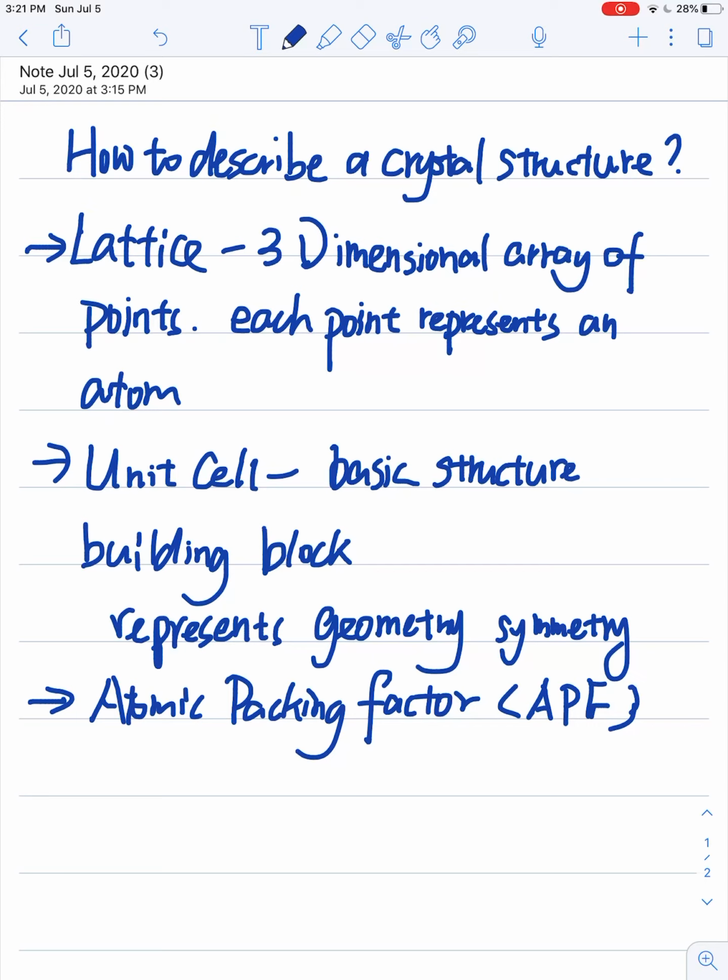The calculation of APF goes: APF equals the total volume of atoms inside a unit cell versus the volume of the unit cell itself.